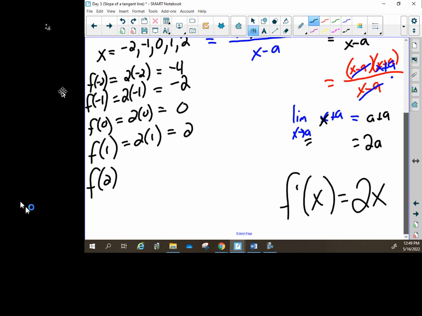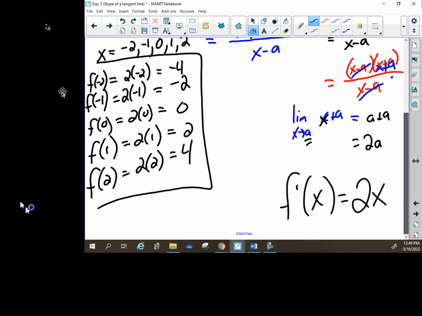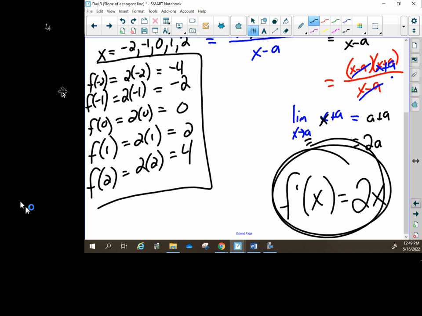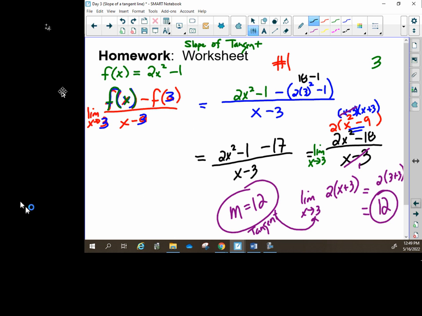And f of 2: 2 times 2, which is 4. Why did I find that? So I didn't have to come up here and do the work from the last problem 5 times.